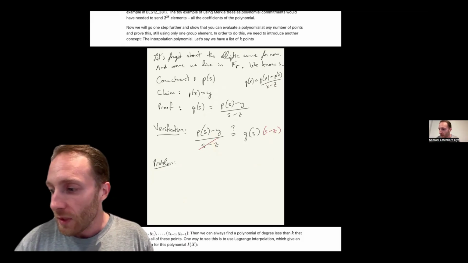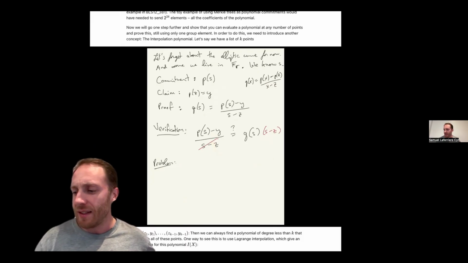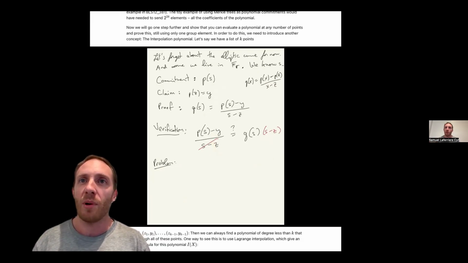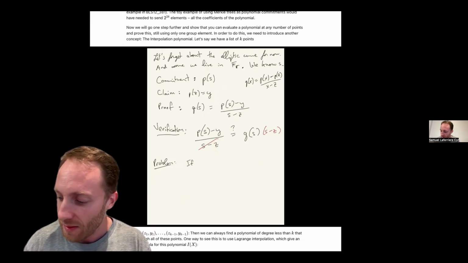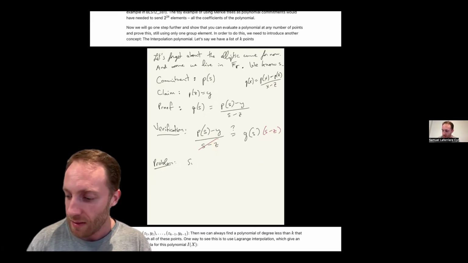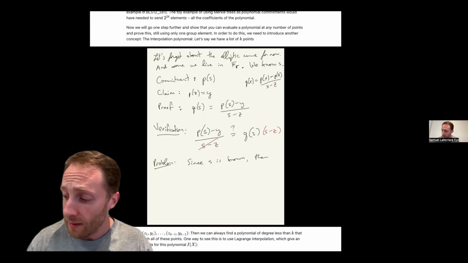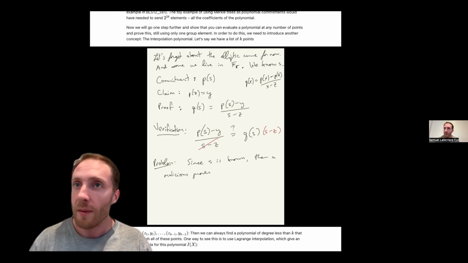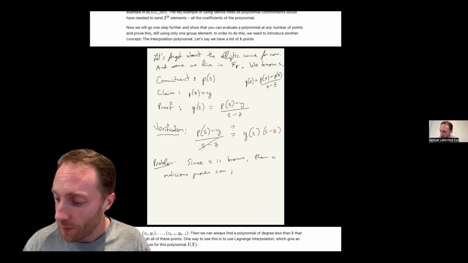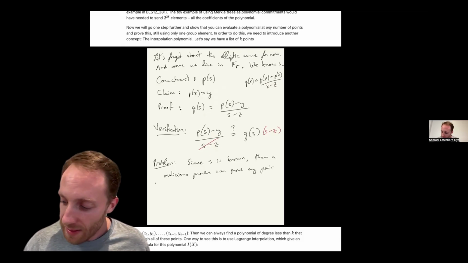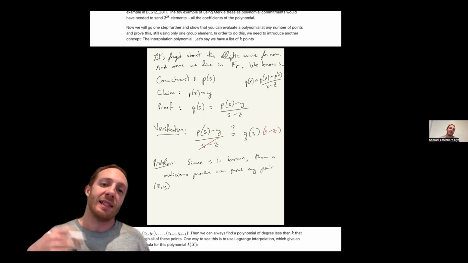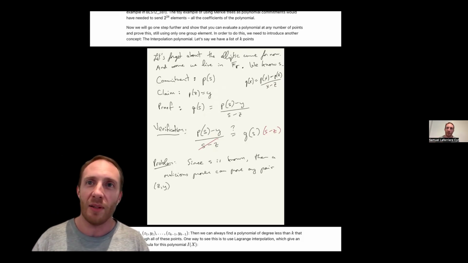But forgetting about the group again, what's the problem with this? Since S is known, then a malicious prover can prove any pair Z, Y. It doesn't even have to be part of the polynomial.